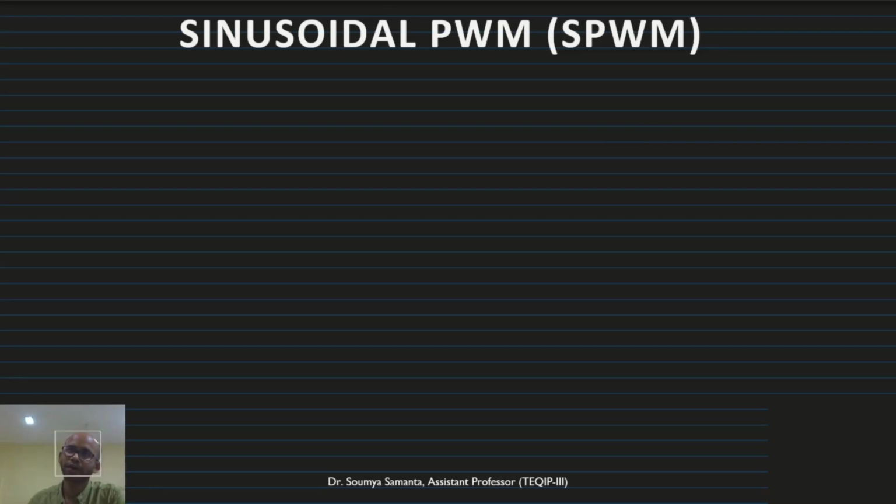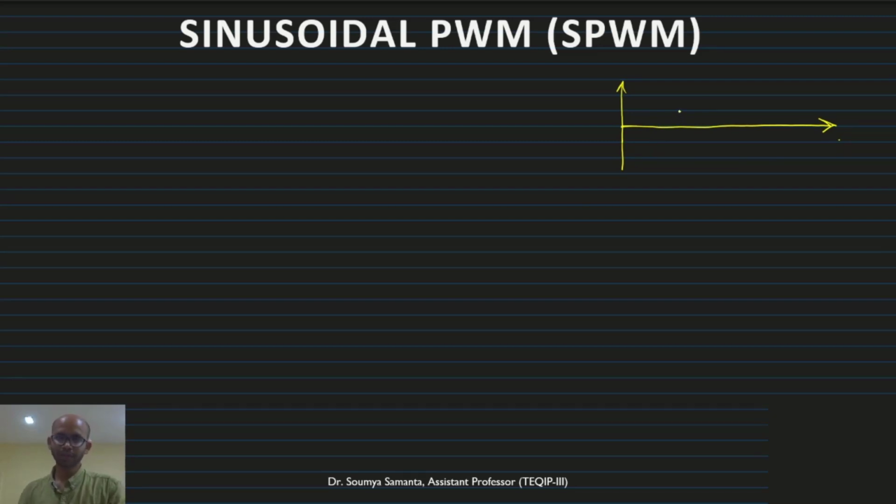Now, in the discussions I have done previously, what is the carrier signal and what is the modulating or reference signal? We have to understand that. Let me first explain that.